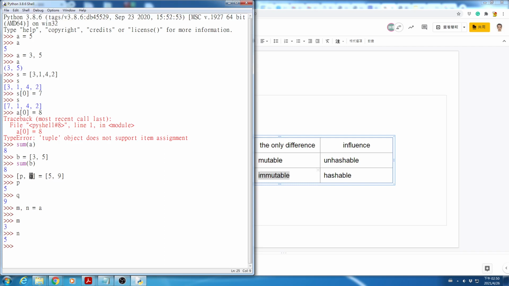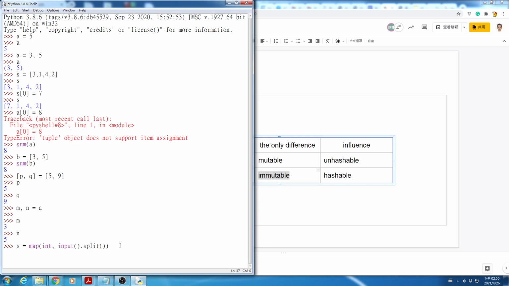Now, there's something very, very interesting. Look. If S is equal to map int input dot split, does it mean that we are going to put a lot of the values into S, right?